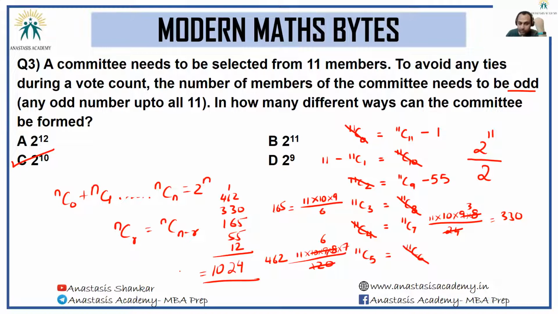So yes, we know this number to be equal to 2 raised to the power 10. Then we mark 10. Hopefully you realize calculating every individual item is not wrong, but it is slightly more cumbersome. And therefore, the conceptual understanding of what happens with nCr would be better here.